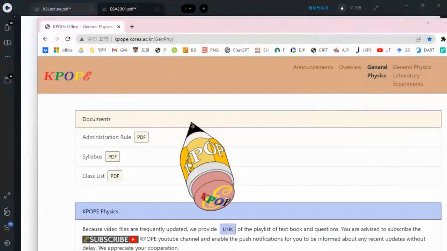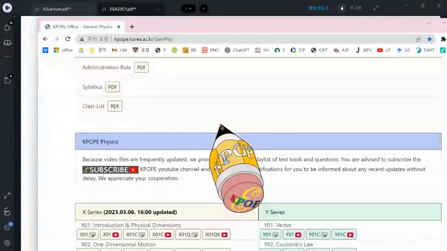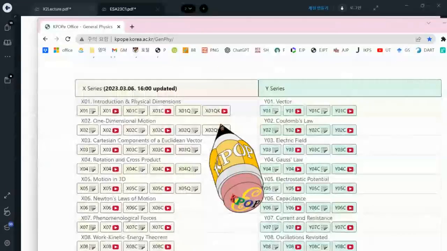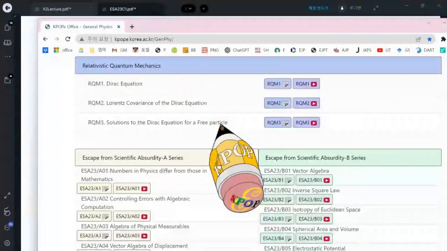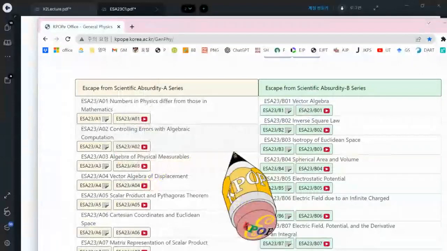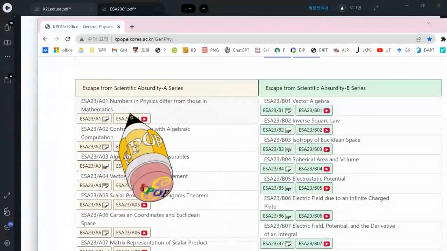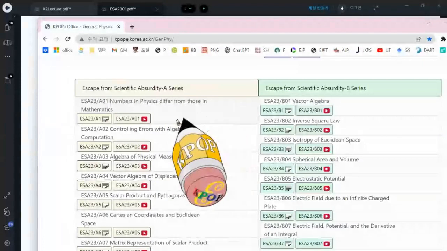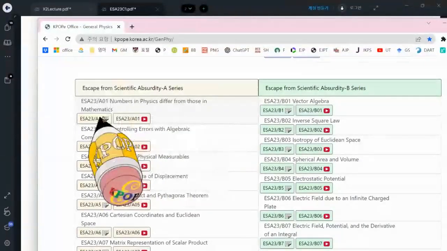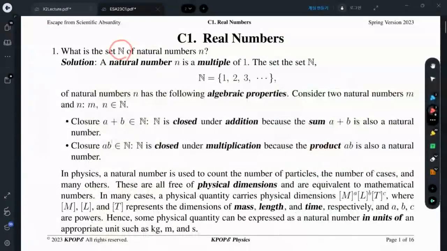If you have some time, I ask you to visit this general physics website and see here the ESA. We are working on the C series, and the series A contains A1, numbers in physics differ from those in mathematics. So if you have some time, you can review this part to enhance your understanding.